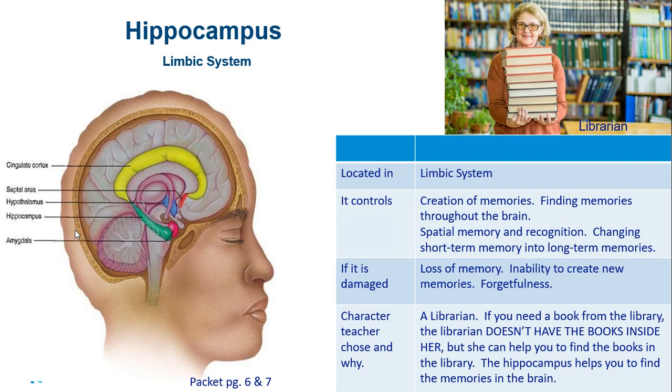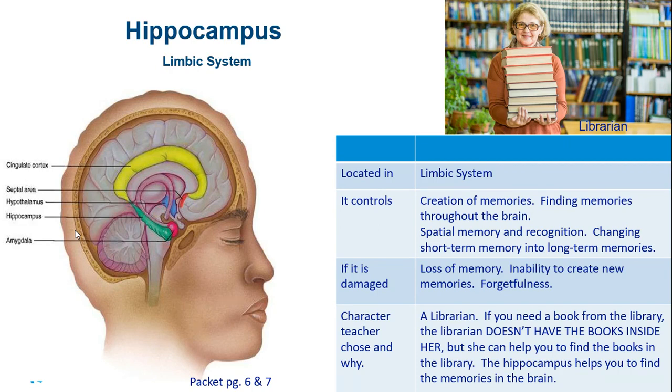Also, if you know somebody who's much older and very forgetful, that also has to do with the wear and tear of the hippocampus. Specifically, people who have very difficult, very stressful lives. Stress damages the hippocampus. Chemicals like norepinephrine and cortisol will damage the hippocampus.